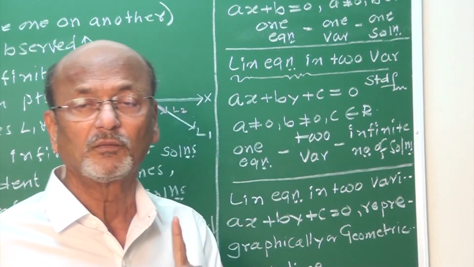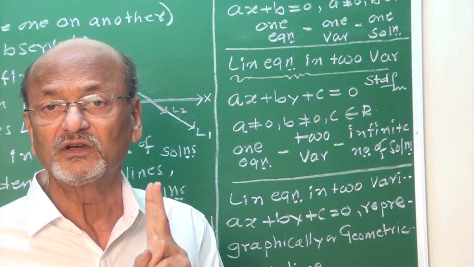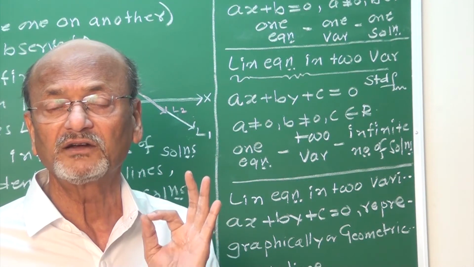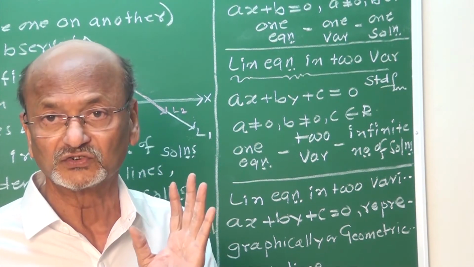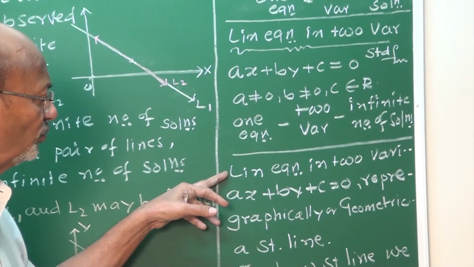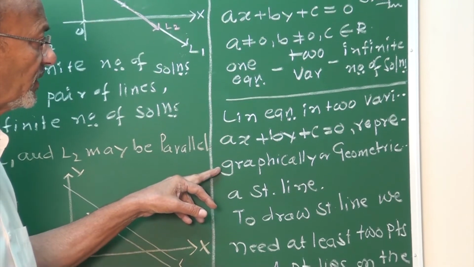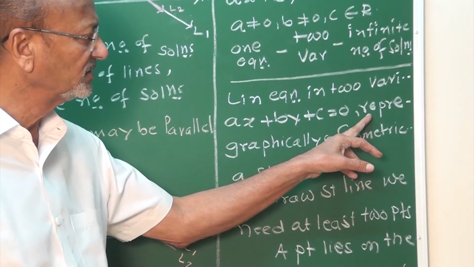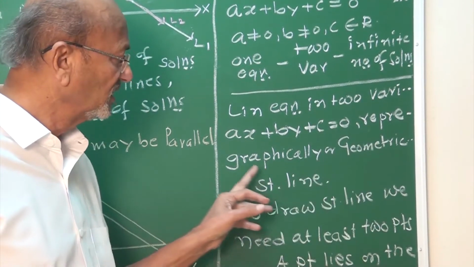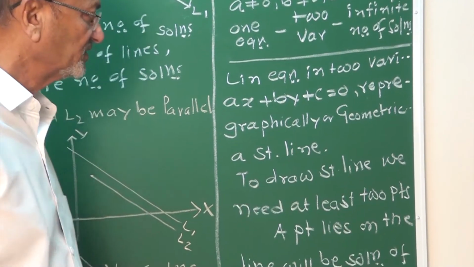Therefore, my friends, a linear equation in two variables always has an infinite number of solutions. And one more thing, the linear equation in two variables ax plus by plus c equal to 0 represents graphically or geometrically a straight line.